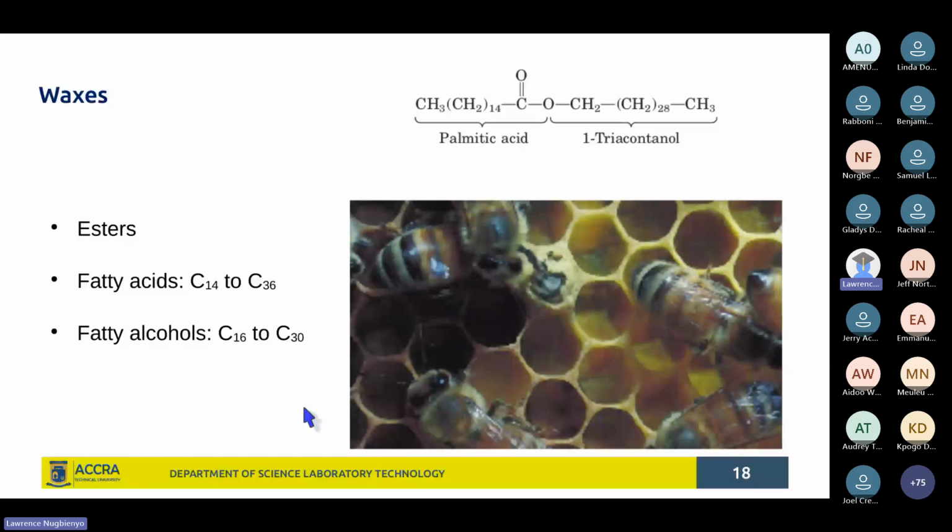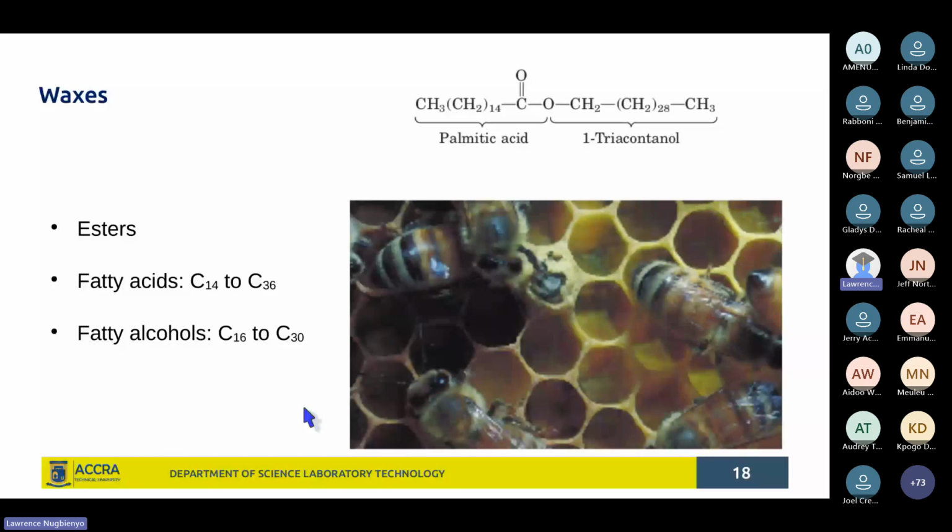So fatty alcohols are usually alcohols of a higher number of carbons. Usually they are counted from, say, carbon number 4, like butanol, all the way up to, say, carbon number 26 and more.